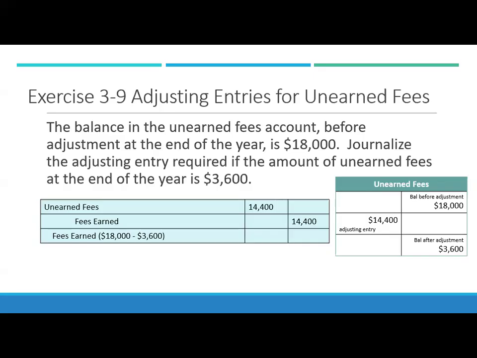And so the retainer would then get reduced at the end of the month by $100 for every hour of services that was performed. So in this case, if 144 hours were worked on for this client, then they would accrue 144 hours worth of revenue, 14,400, and then the balance after adjustment is 3,600. And then they'd send the client a statement or something later.